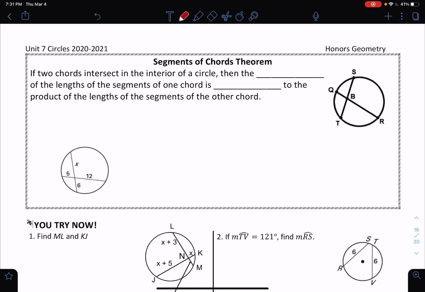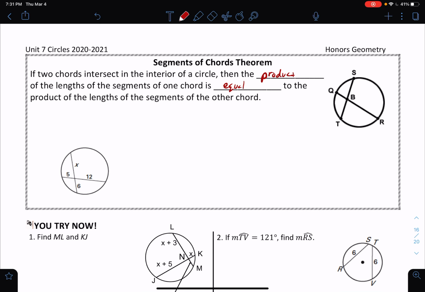If two chords intersect, then the product of the lengths of the segments of one chord is equal to the product of the lengths of the segments of the other chord. So this one is part times part equals part times part. So QB times BR equals SB times BT.